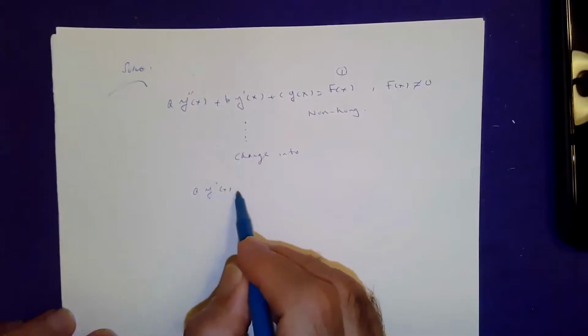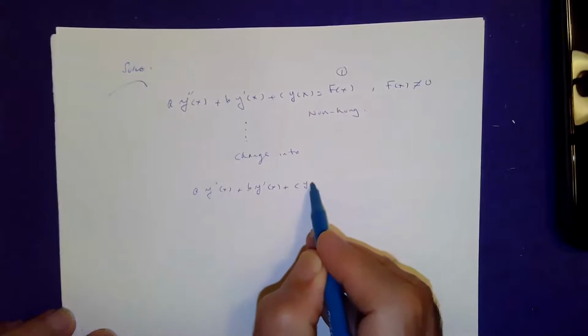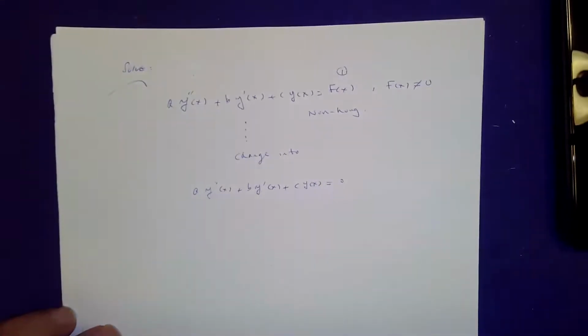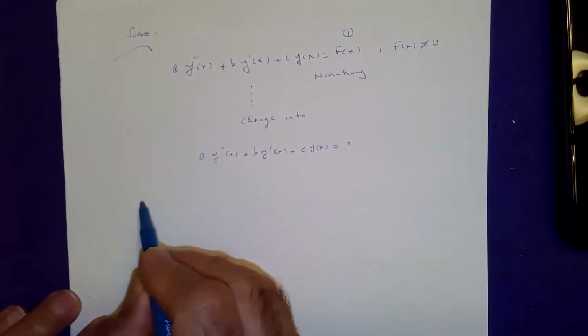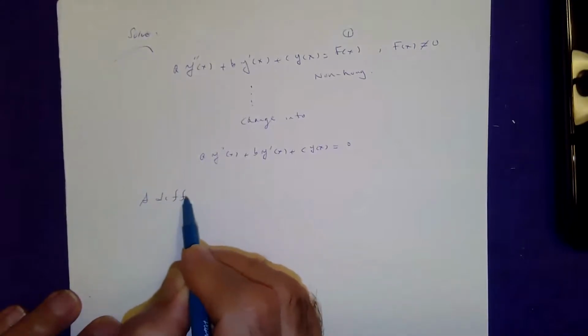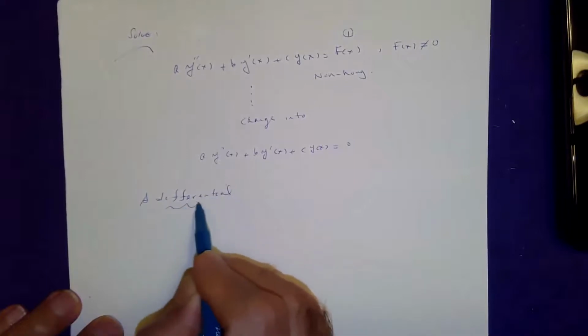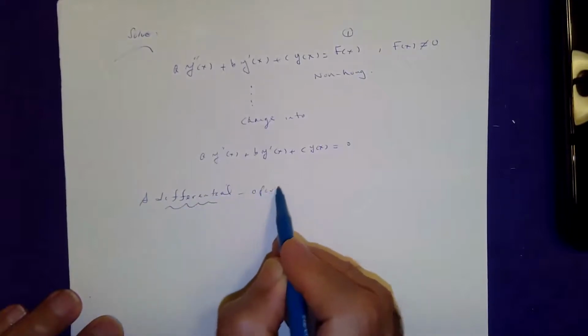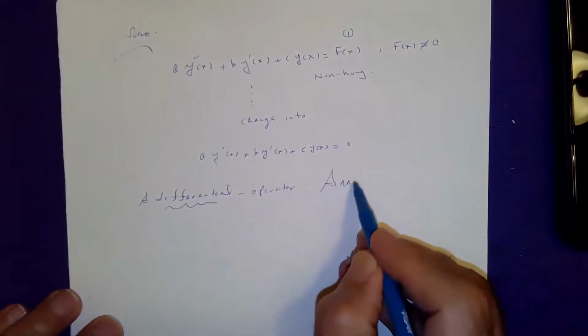Wouldn't it be nice? How would I do that? That's where we need to know a differential operator. So this is not an auxiliary operator, it's a differential operator, known as the annihilator.